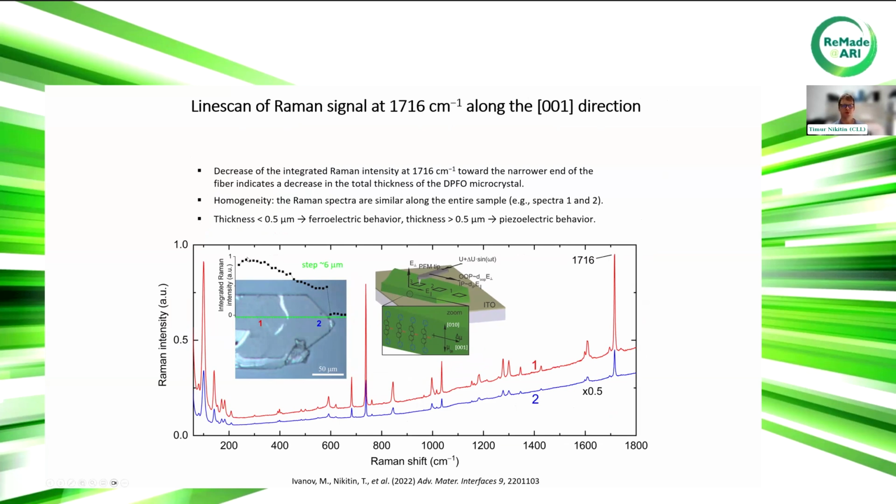What we observed is that the integrated intensity of this band was decreasing towards the end of this molecular crystal, and that was also supported by other measurements. And another important deduction from these measurements was the homogeneity of the molecular crystal: all the spectra look the same.